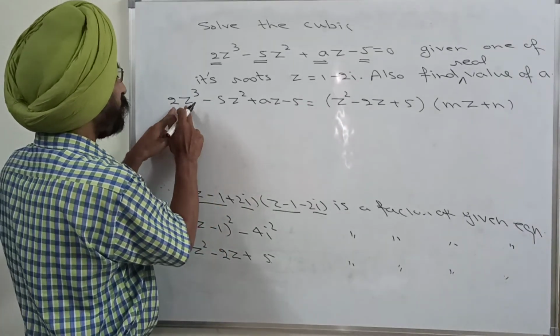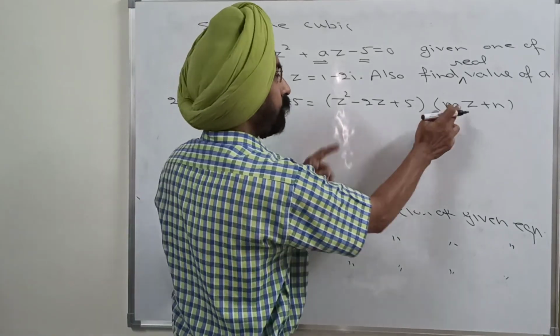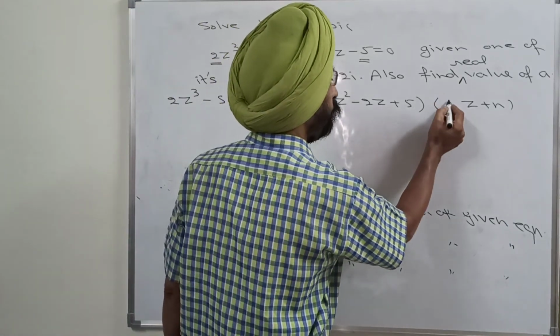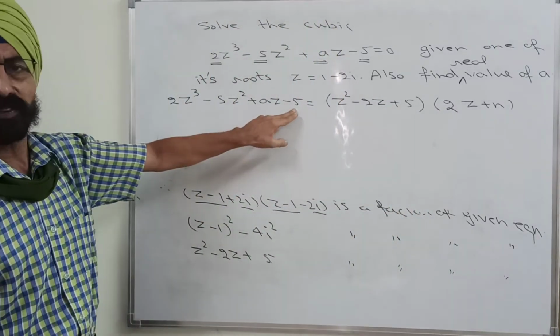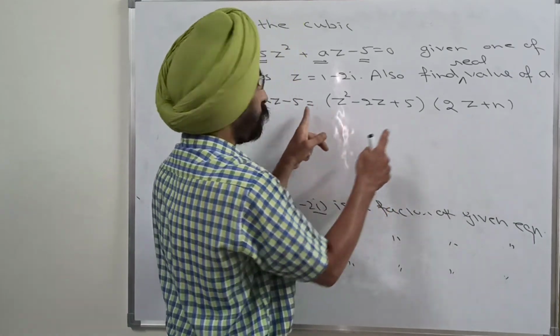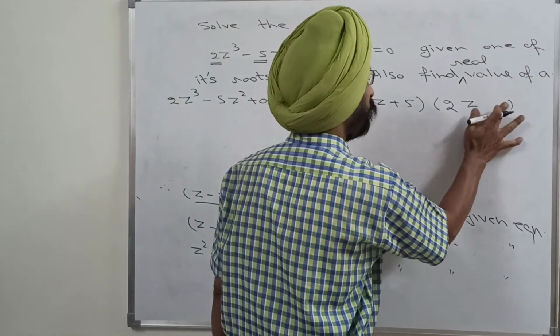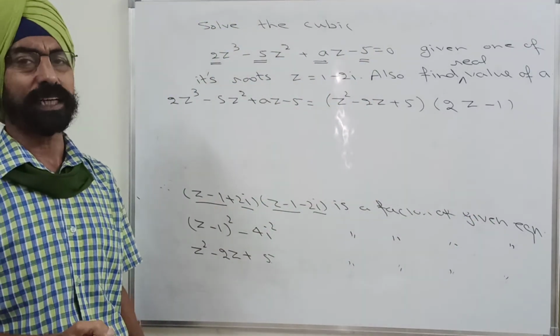Here the coefficient of z cube is 2, and here the coefficient of z cube will be m. So the value of m is equal to 2. Similarly, the constant term here is minus 5, and here the constant term is 5n. So 5n is equal to minus 5 means n is equal to minus 1. So you are getting the third factor also.